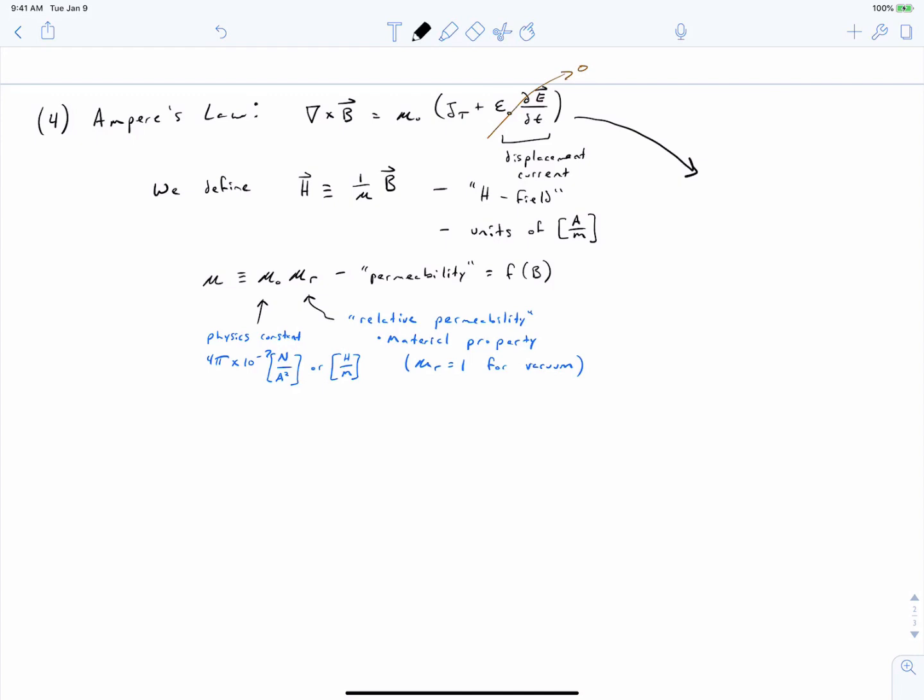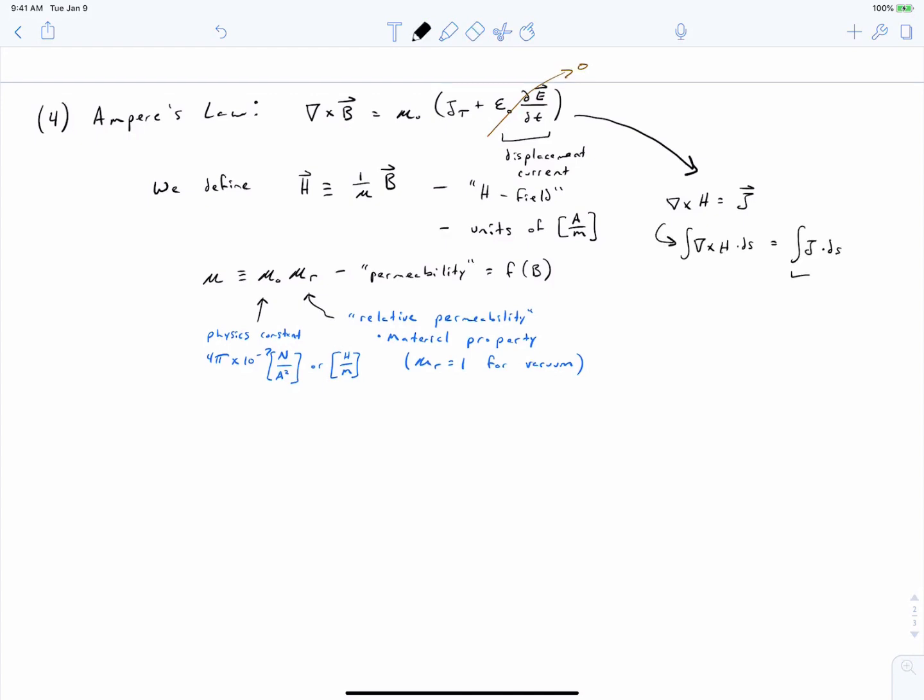And now that we defined our H field, we can rewrite it in terms of our H field as the curl of H is just equal to J. And then using the same tricks we did before to put this in integral form, we can say that the integral of the curl of H over a surface is equal to the integral of our current density over that surface, which is just equal to the total current flowing through that surface. So I'm labeling this as I enclosed for reasons that will become apparent in a minute.